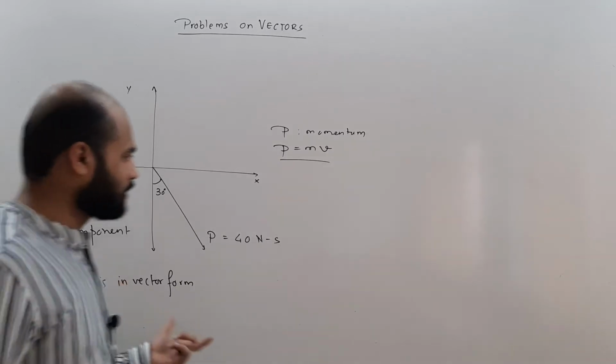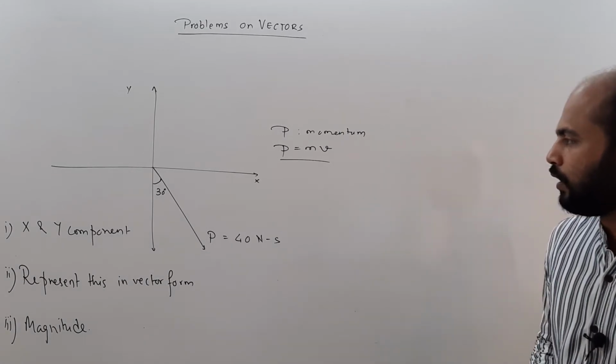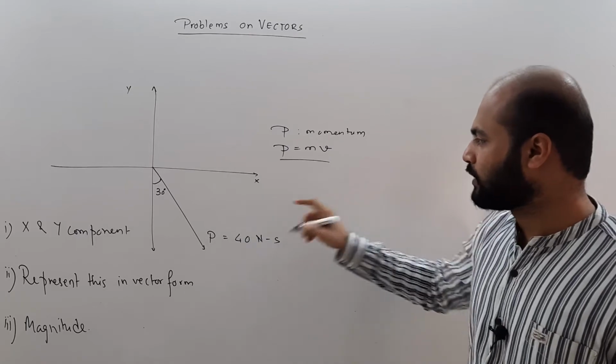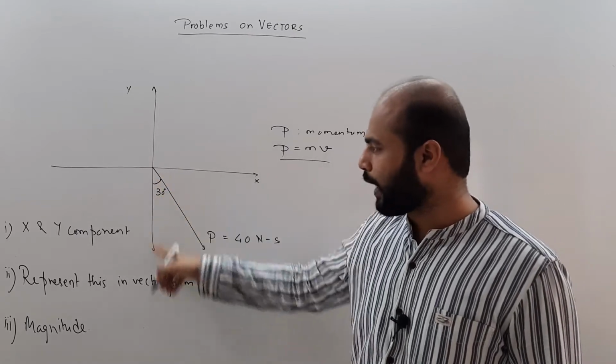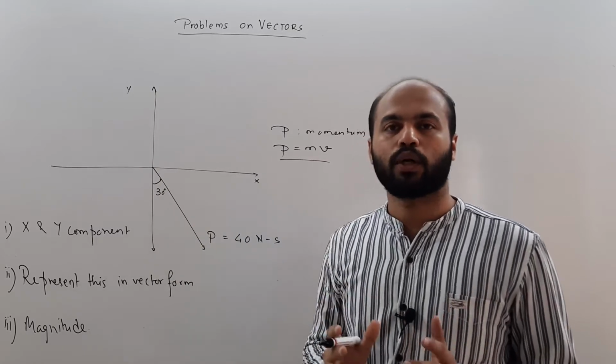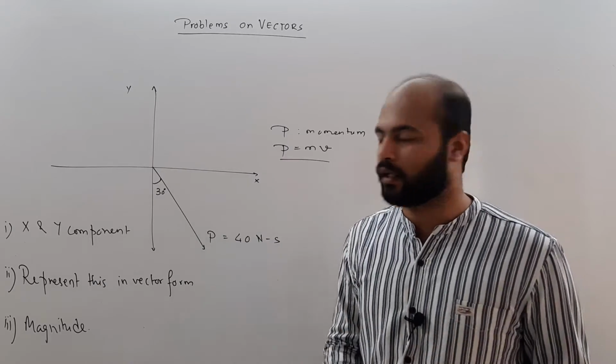Now, if we talk about the x and y component, you can see that the angle is adjacent to y axis. So this component, as discussed earlier, has to be the component of cos theta, and this component has to be the component of sin theta.